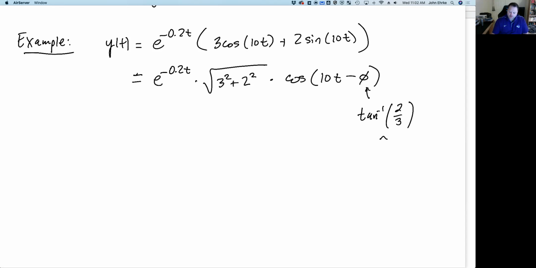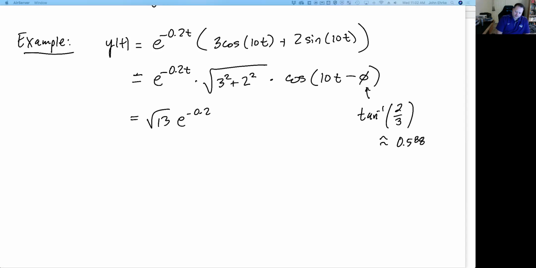Let me go ahead and get a value for that. So that's around 0.588. All right. Let's see. 3 squared is 9 plus 4, so that's square root of 13.